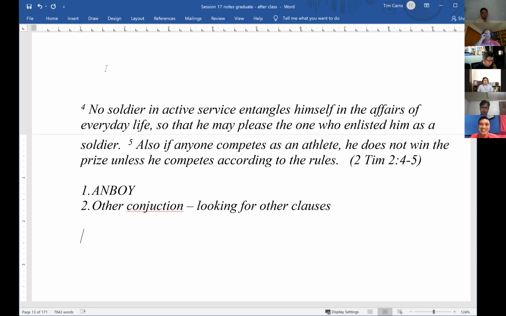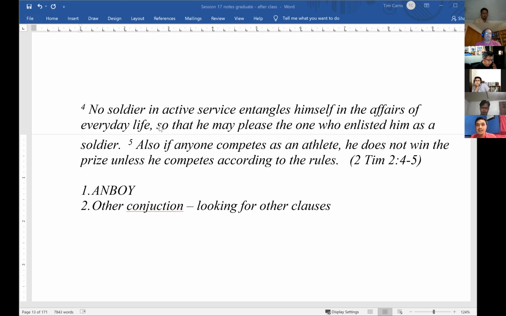Okay, I'll first read it. No soldier in active service entangles himself in the affairs of everyday life, so that he may please the one who enlisted him as a soldier. So in verse 4, the conjunction is "so that."